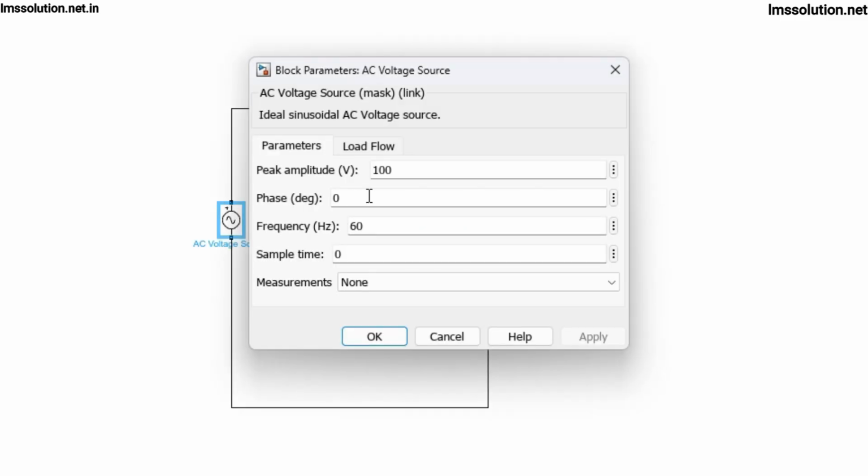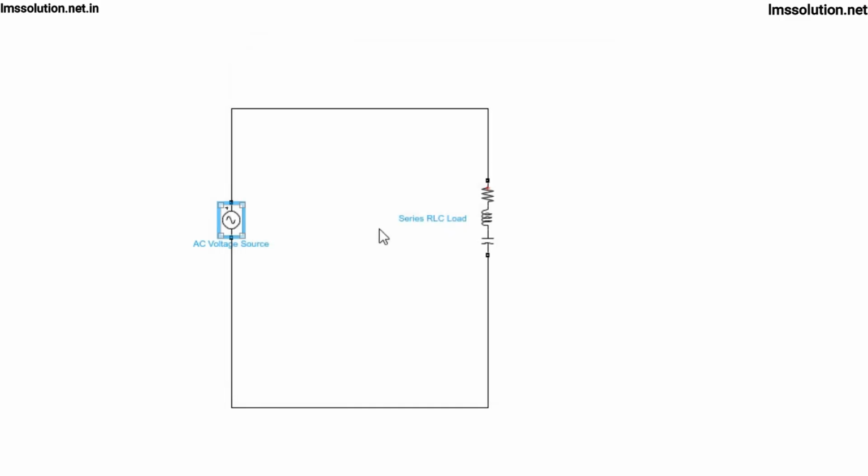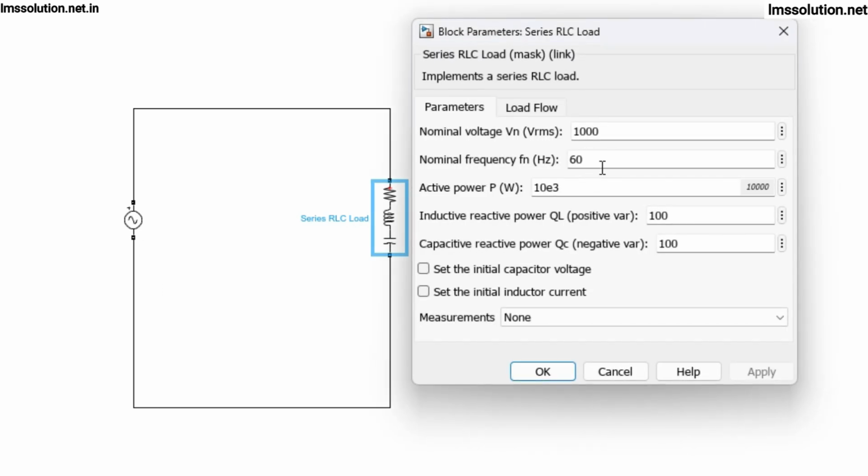Here I'm going to fix the amplitude as square root of 2 multiplied by 230, so I'm considering 230 volt RMS with 50 hertz. For the load, I'm considering 230 volt RMS, 50 hertz, and then this is 5 e power 3 and this is 0.